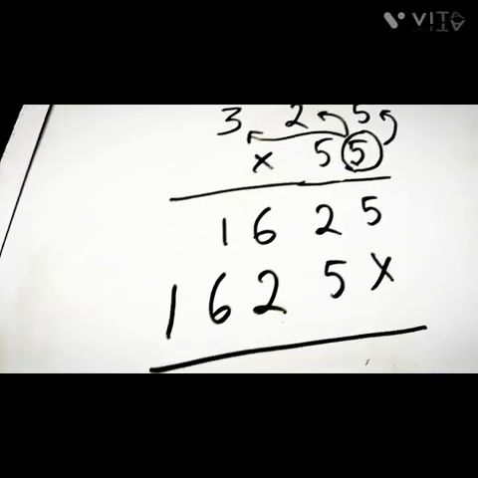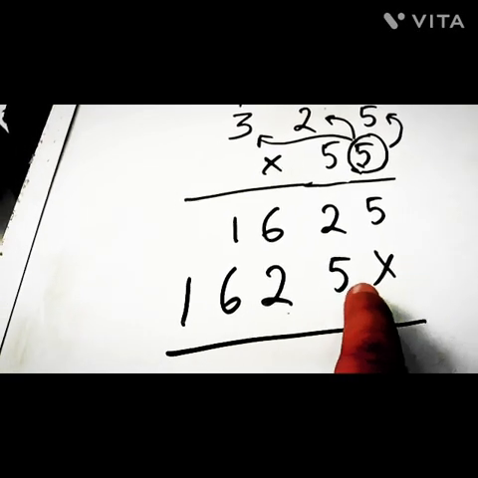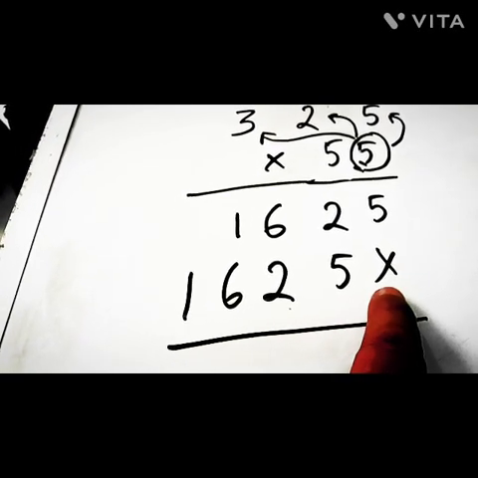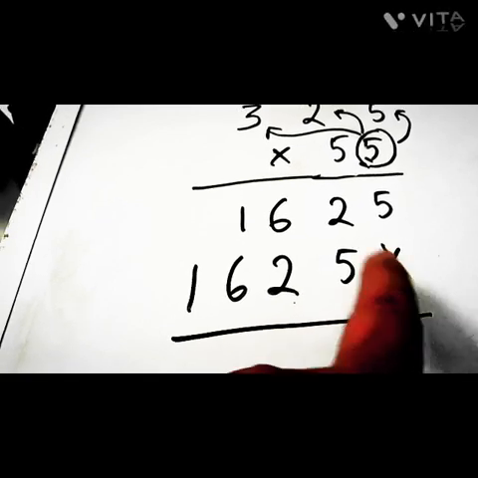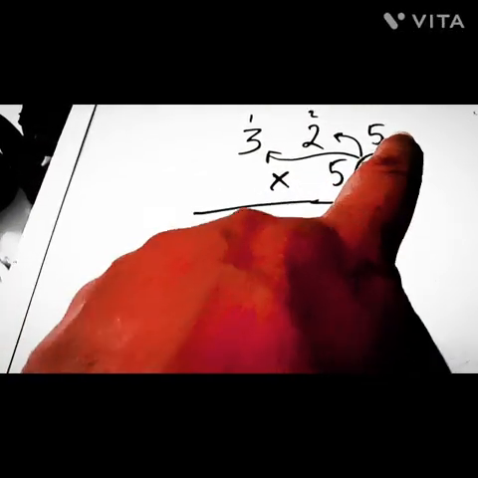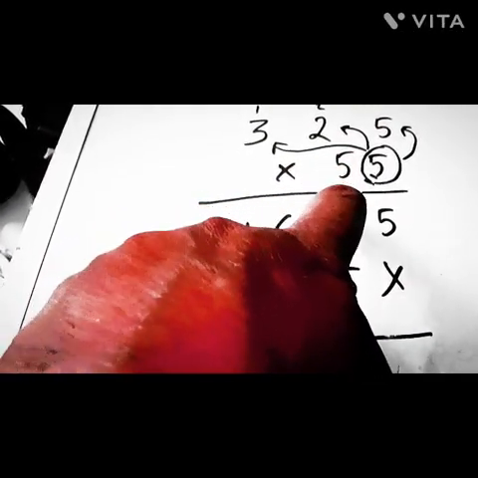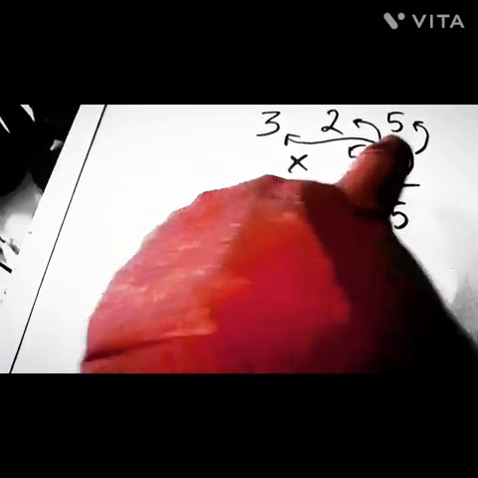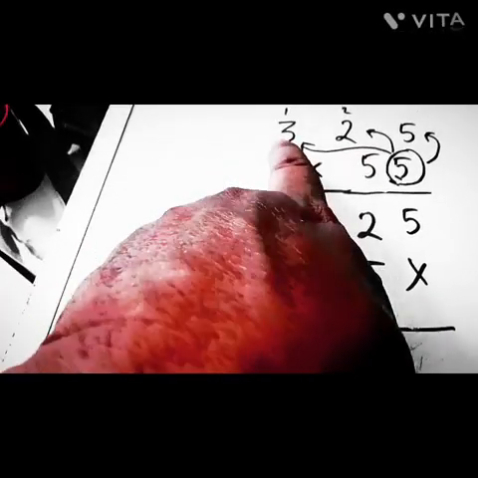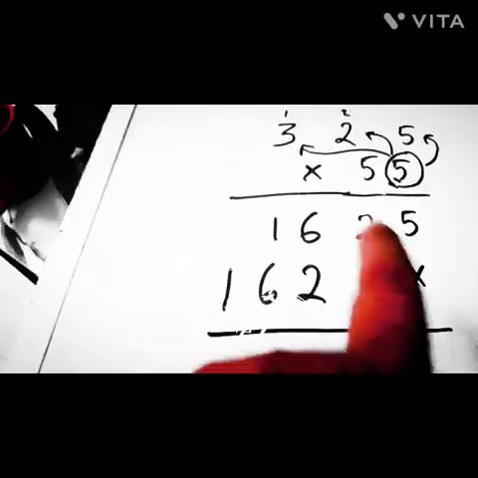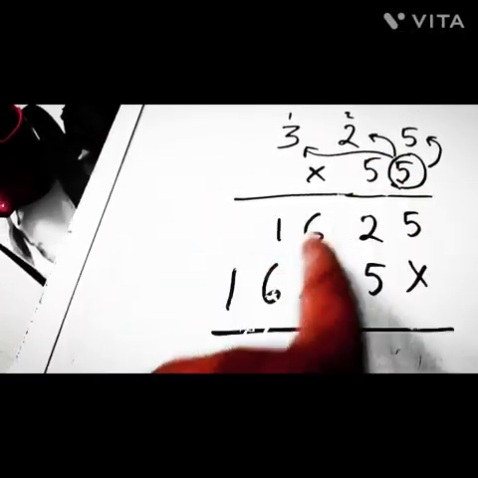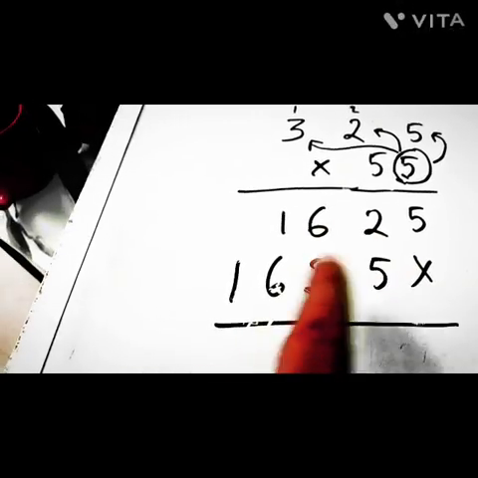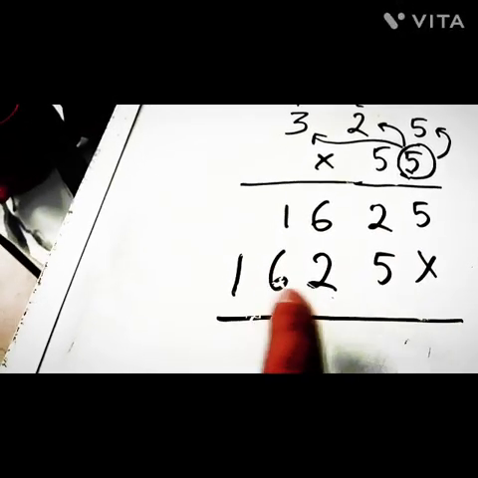The second step is to cross or keep a gap in the first digit at the extreme right. And then we multiply the same way the second number towards the left with all the numbers starting from ones place, tens place and hundreds place. As the number is the same, the result will be the same, 1625.